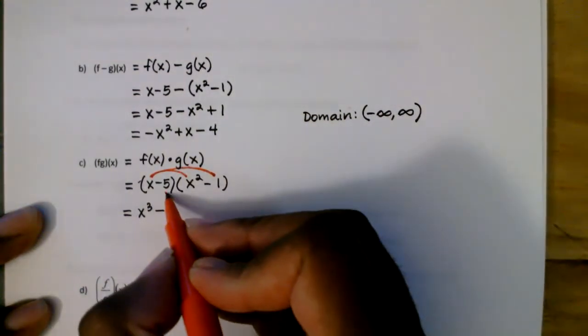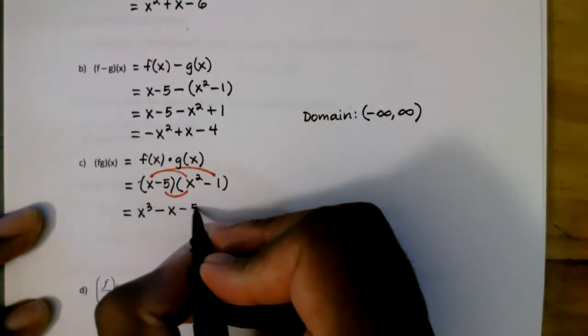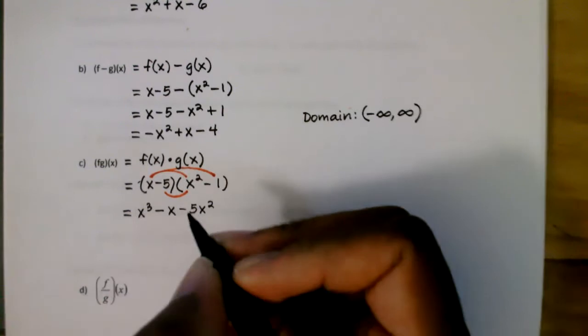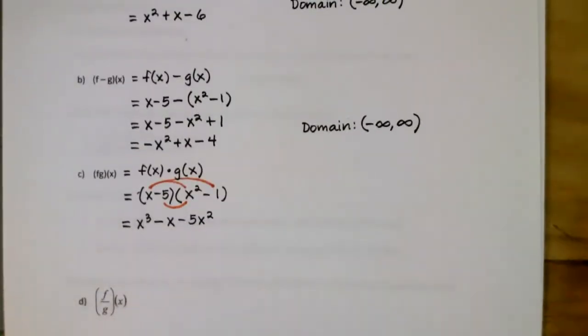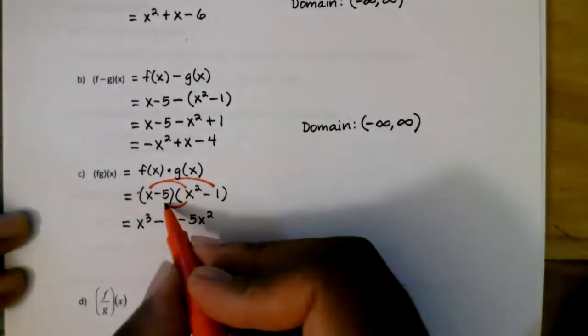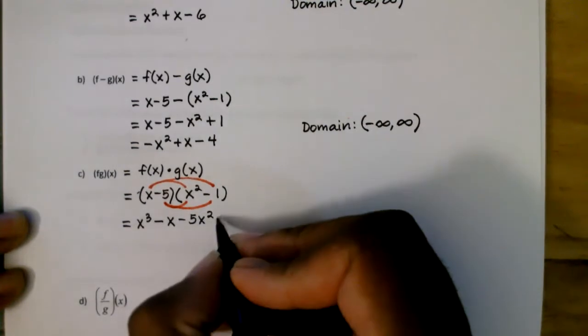The inside, minus 5 times x squared, minus 5x squared. And then minus 5 times a minus 1 will be plus 5.